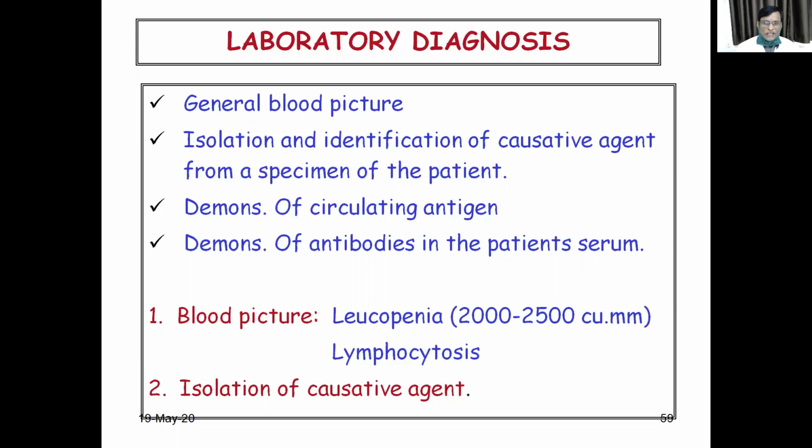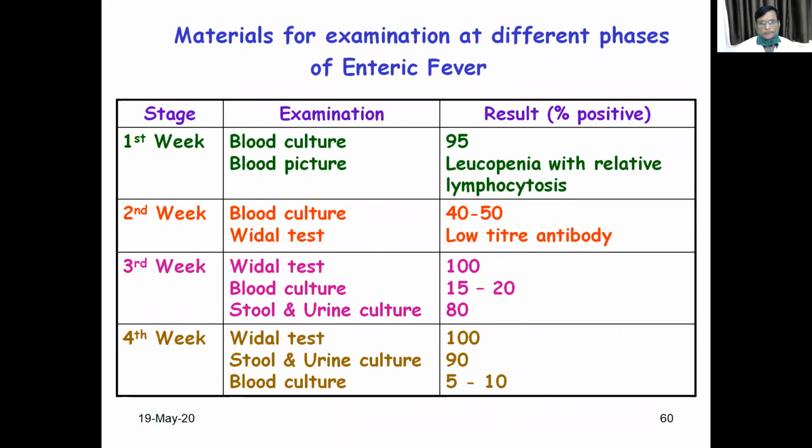Now in the Widal test also, we are going to identify the presence of antibody of S typhi or paratyphi A or paratyphi C in the patients of enteric fever. This was also discussed last time. Which week do we have to do which test for the diagnosis of enteric fever? First week, blood culture.